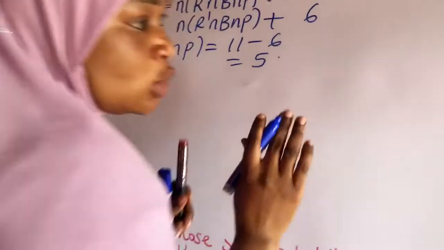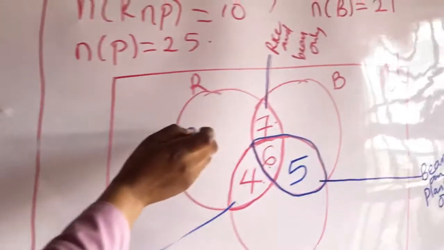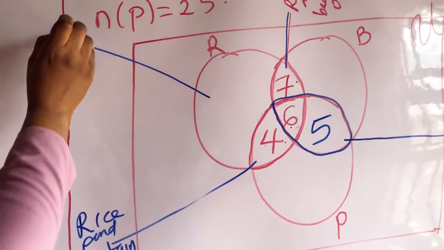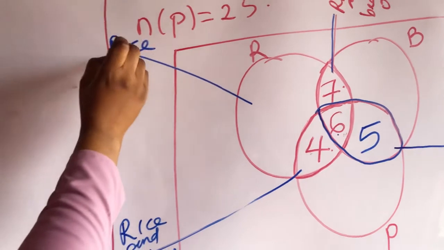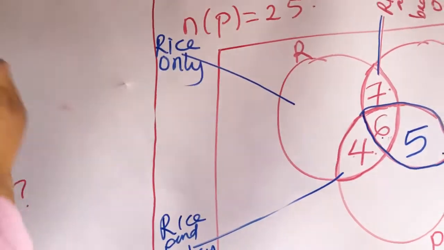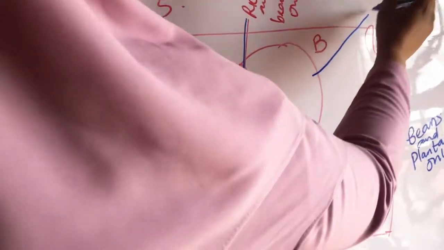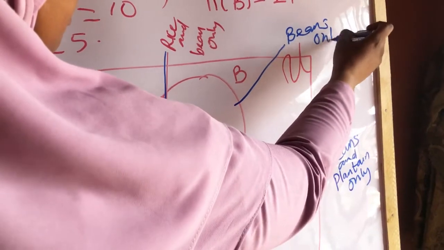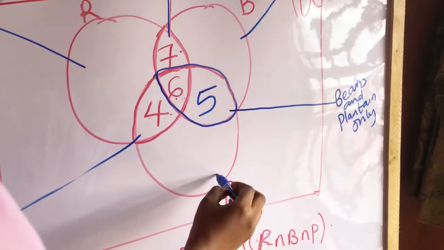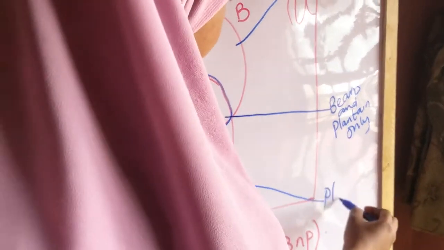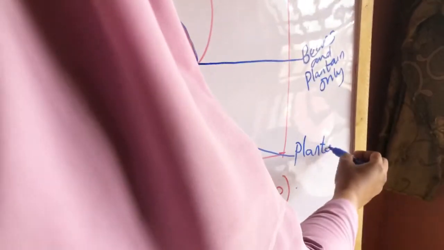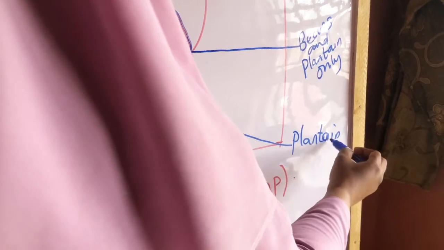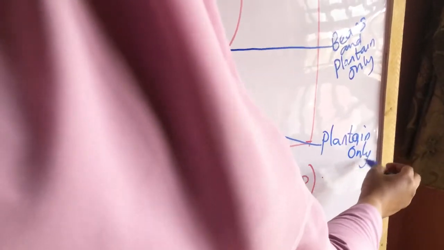Now, having known that one, we need to find those that liked rice only. Rice only. This place is for beans only. And this side is plantain only. So they are very, very important.